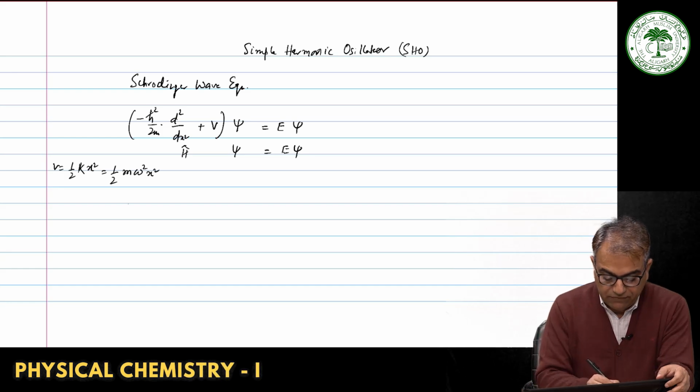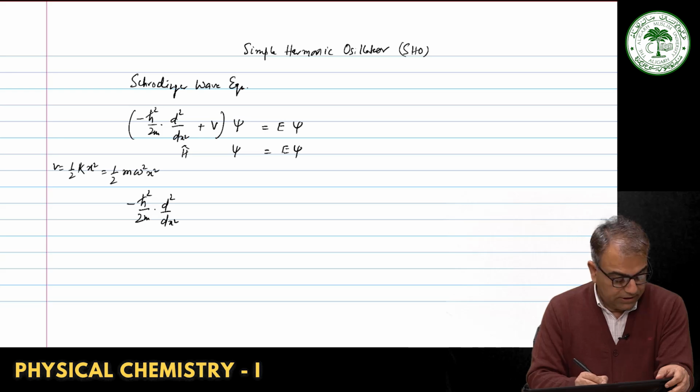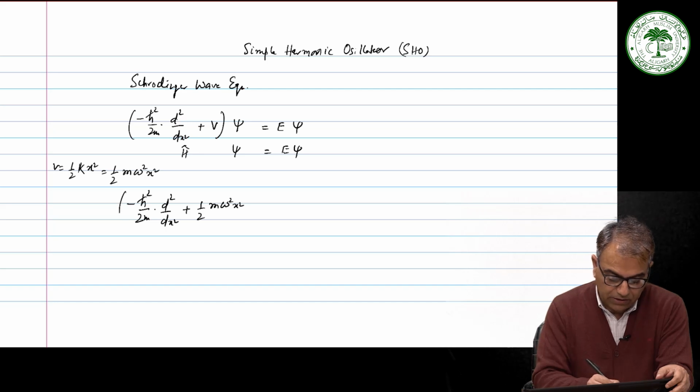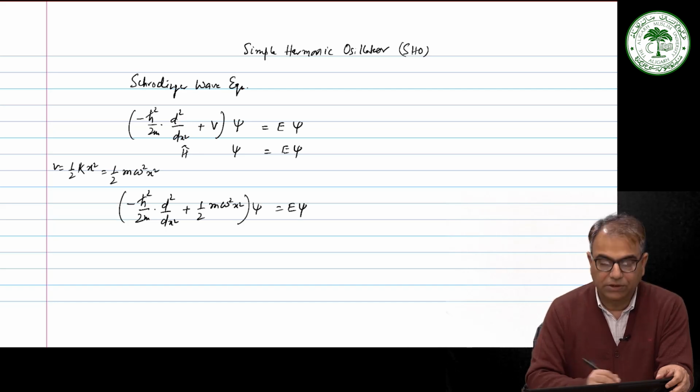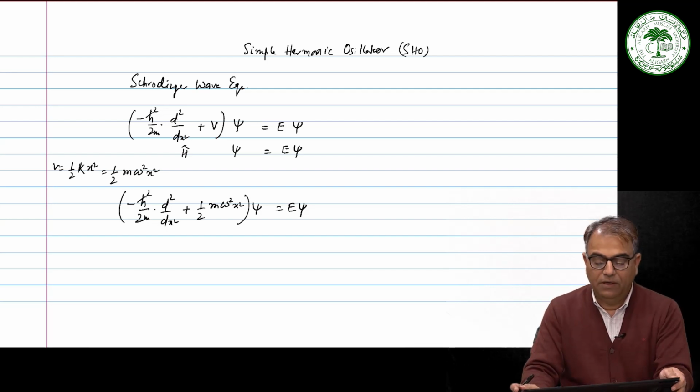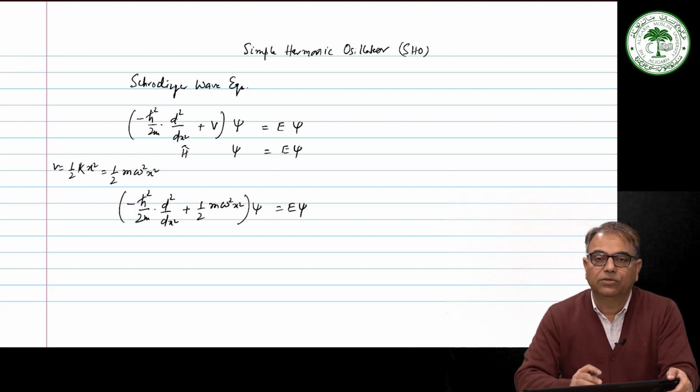So, for the Schrodinger wave equation we can write minus h cross square divided by 2m d square by dx square plus 1 by 2 m omega square x square, acting on psi, is equal to E psi. Can we express this equation in terms of the x component of the momentum?